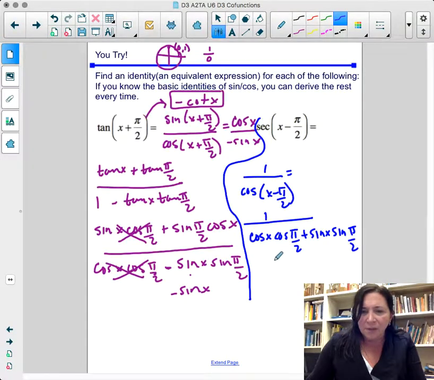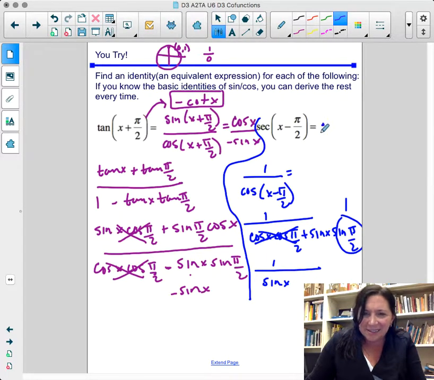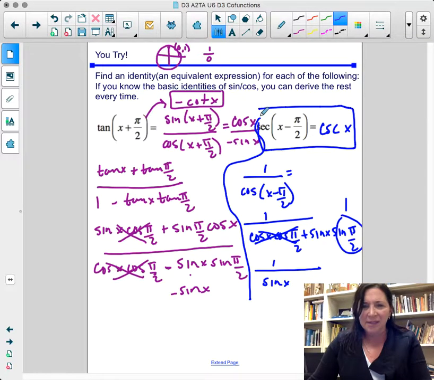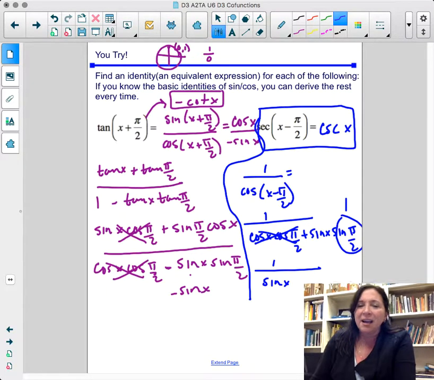And so that's going to be 1 over, cosine of pi over 2 is 0. That's gone. This is 1. 1 times sine is sine. So 1 over sine of x is cosecant of x. Okay. So you see, you can have some fun with this, and you can prove any of them. All right. So that's neat.